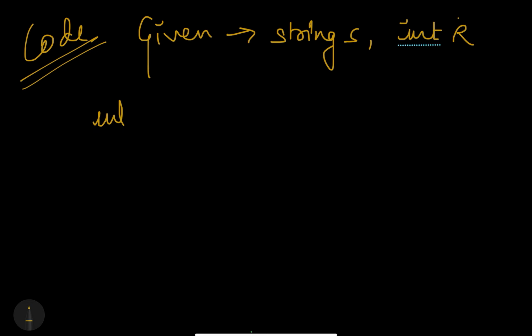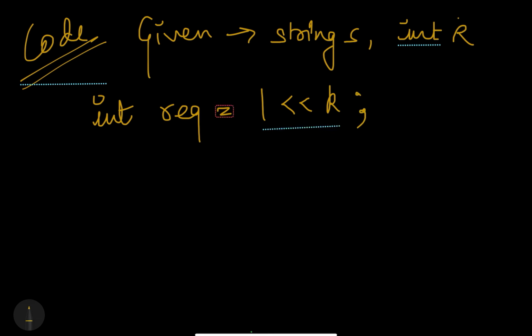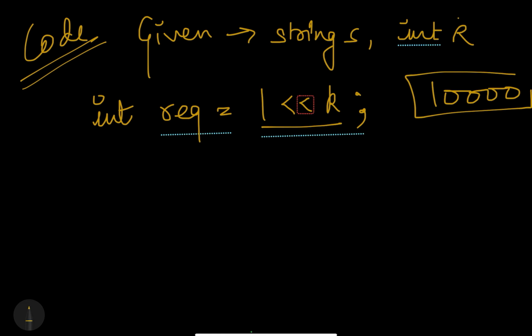Now what we have to check is all the substrings. How many substrings are there? It is 2 raised to the power k. This logic is used to find the power of k. It will left shift 1 by the number of bits, and this gives the power.